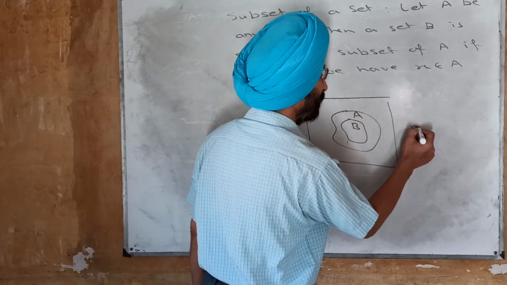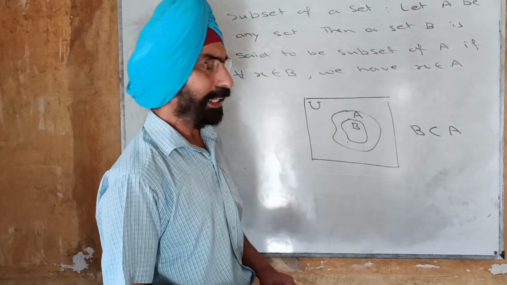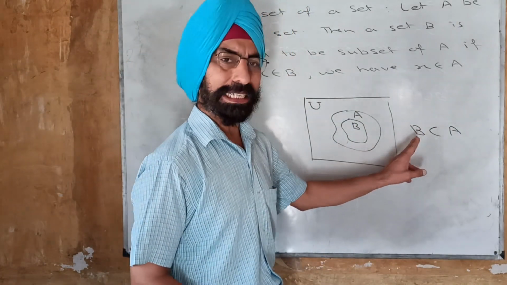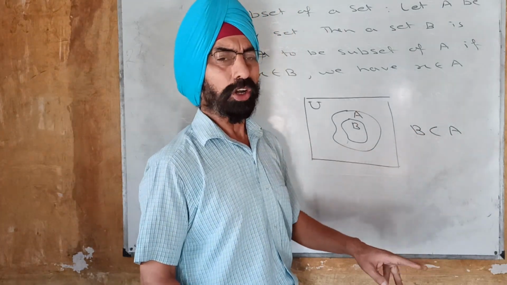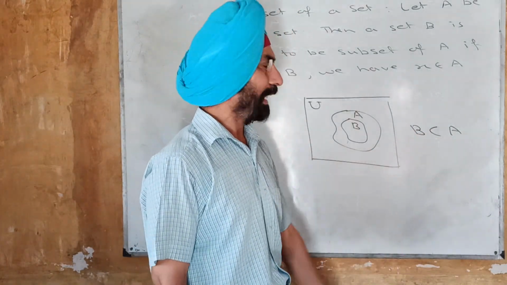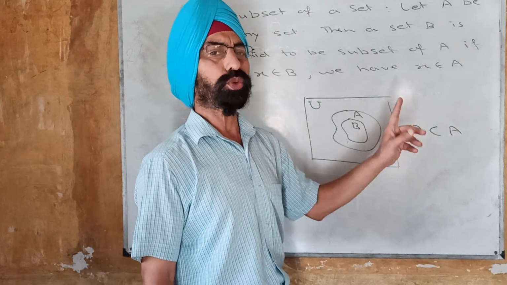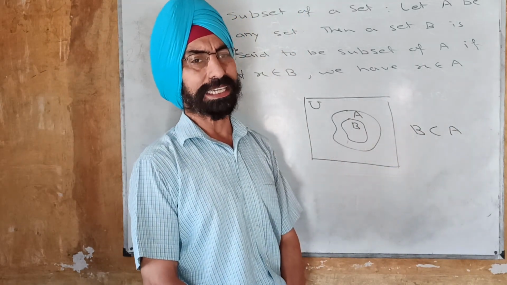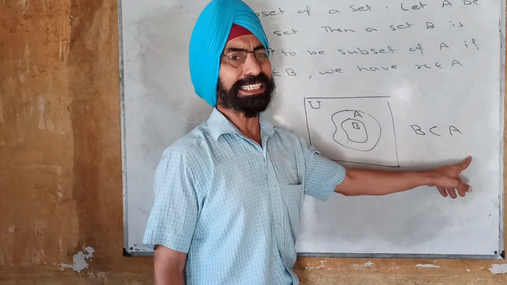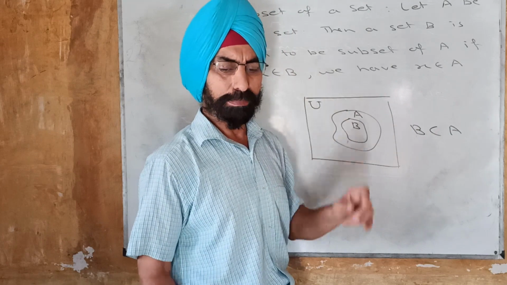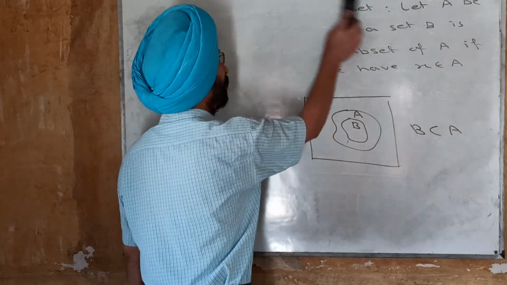So B is a subset of A and this is the symbol, that is the notation that we read as B is a subset of A. Or we can also say that A is a superset of B. These two statements are vice versa correct, that if B is a subset of A, then A is called a superset of B.